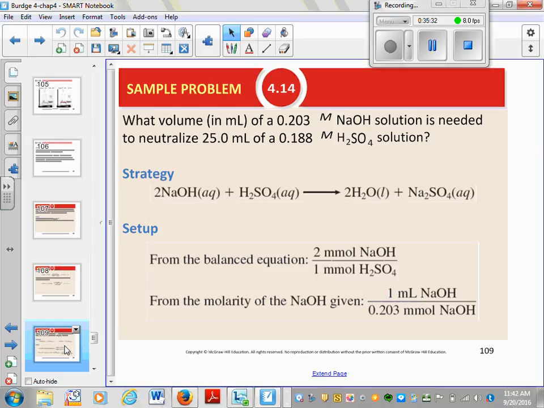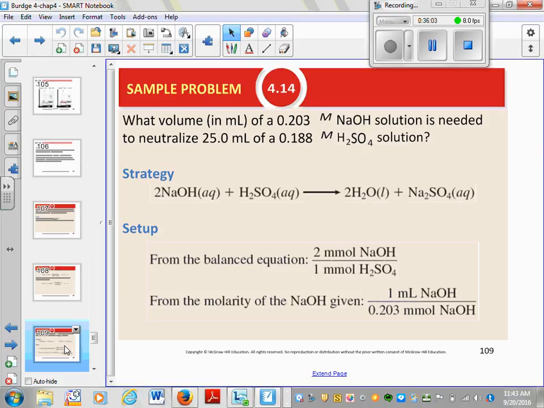What's the molarity of the sodium hydroxide? 0.203. Because how many OHs are in sodium hydroxide? 1. So the molarity of the OH minus is going to be the same as the molarity of the NaOH.